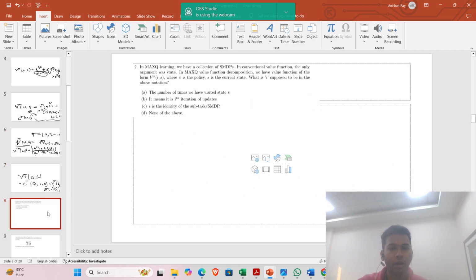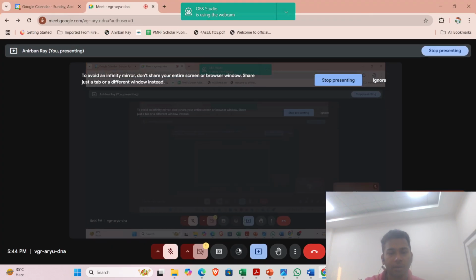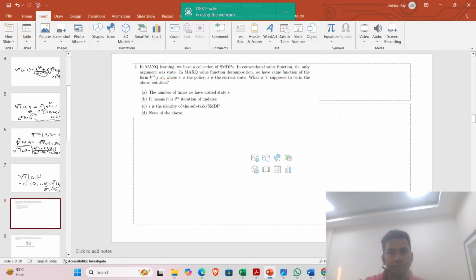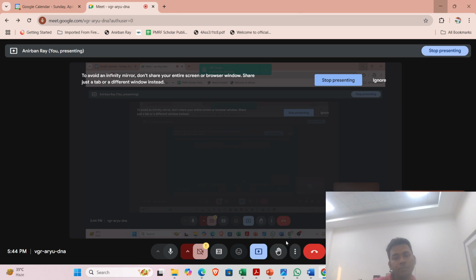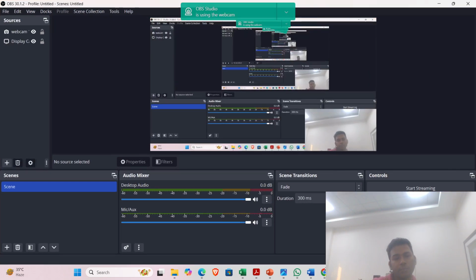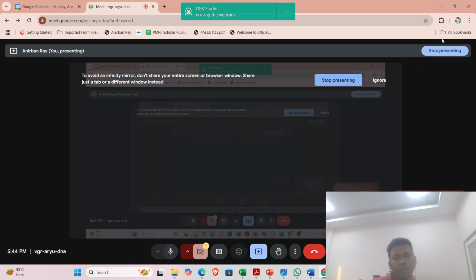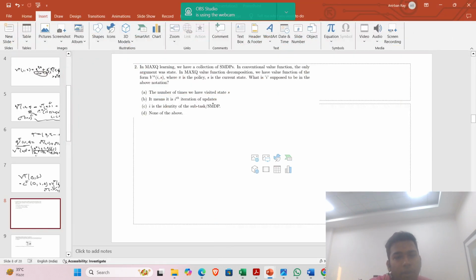Next, the second question. So we move on to the next question. The summary on the MAXQ value function decomposition is done for now. Next what we have is, in MAXQ learning we have a collection of SMDPs.